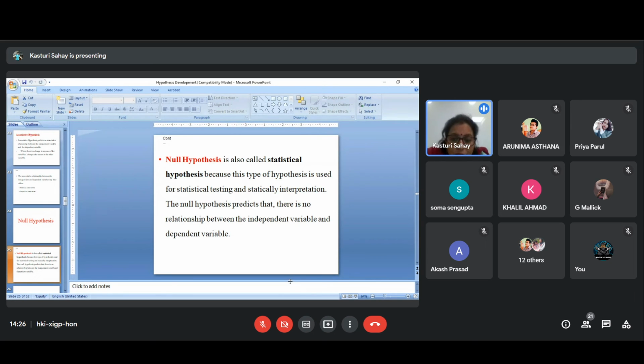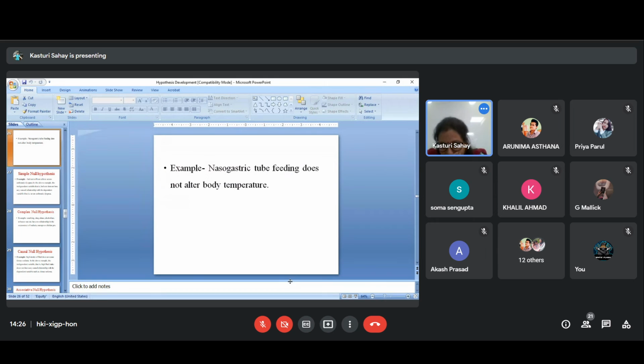I'm sure this is clear to all, that null hypothesis tells you that there is no relation between your independent and dependent variable. Like nasogastric tube feeding does not alter body temperature. So wherever you negate your statement, that is where you have your null hypothesis.